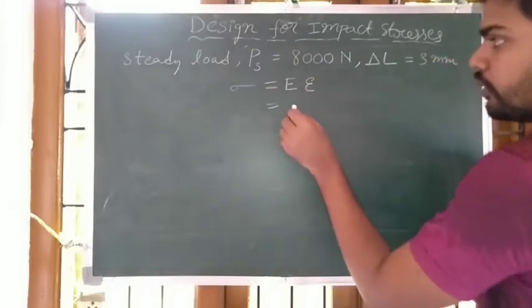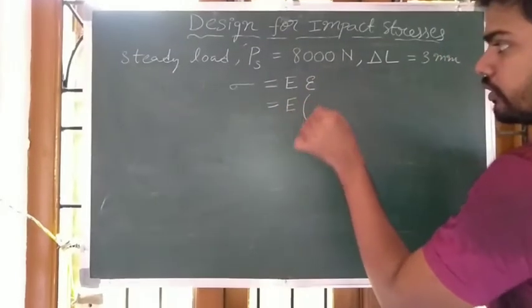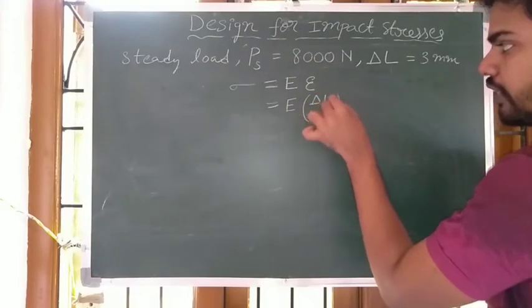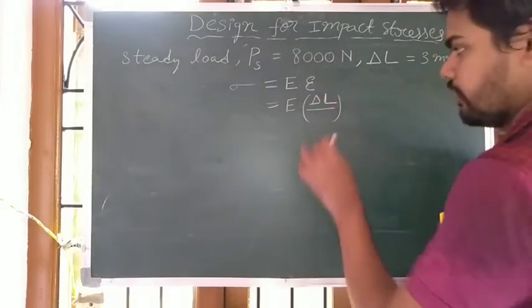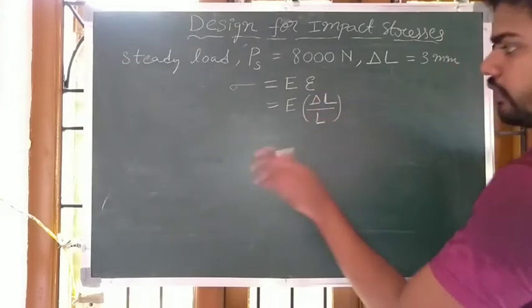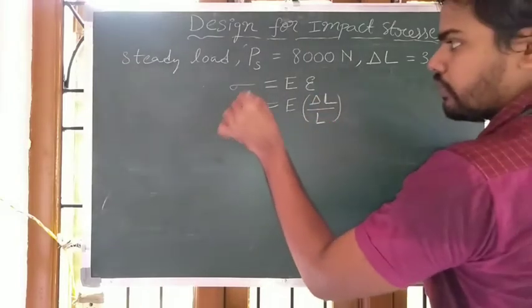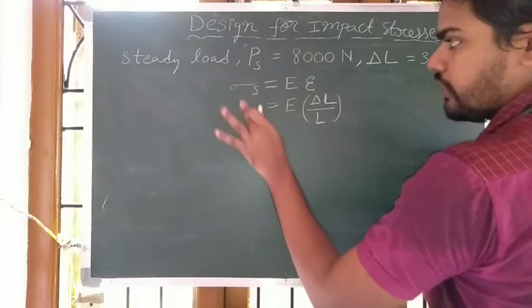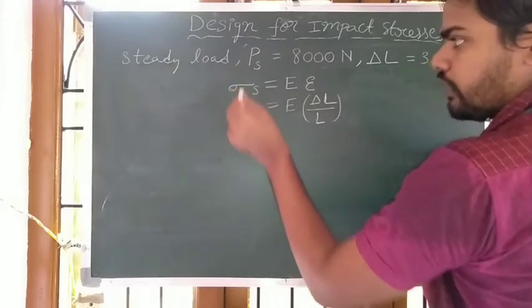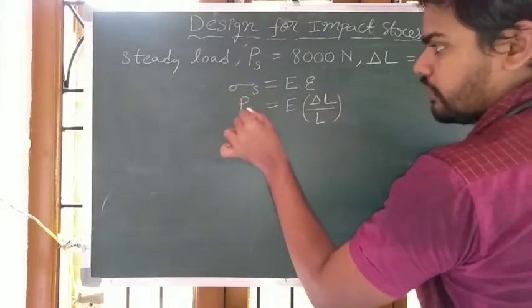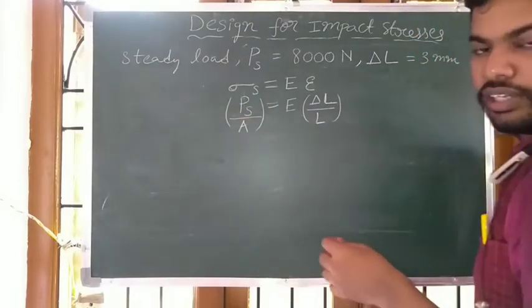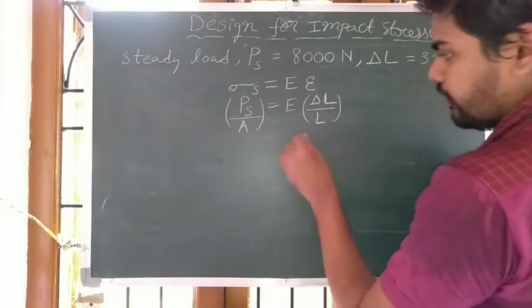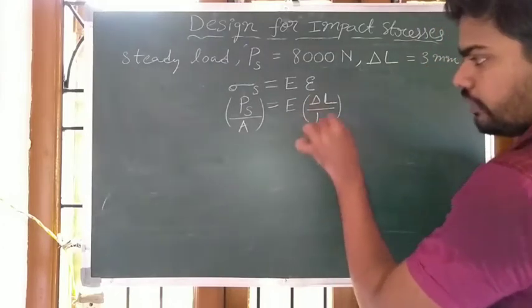Strain can be written as the change in dimension. The bar is subjected to longitudinal strain, delta L by L. And let us call the stress due to the steady load sigma S, which is Ps divided by the area of cross section of the bar. Here L means the length of the bar.